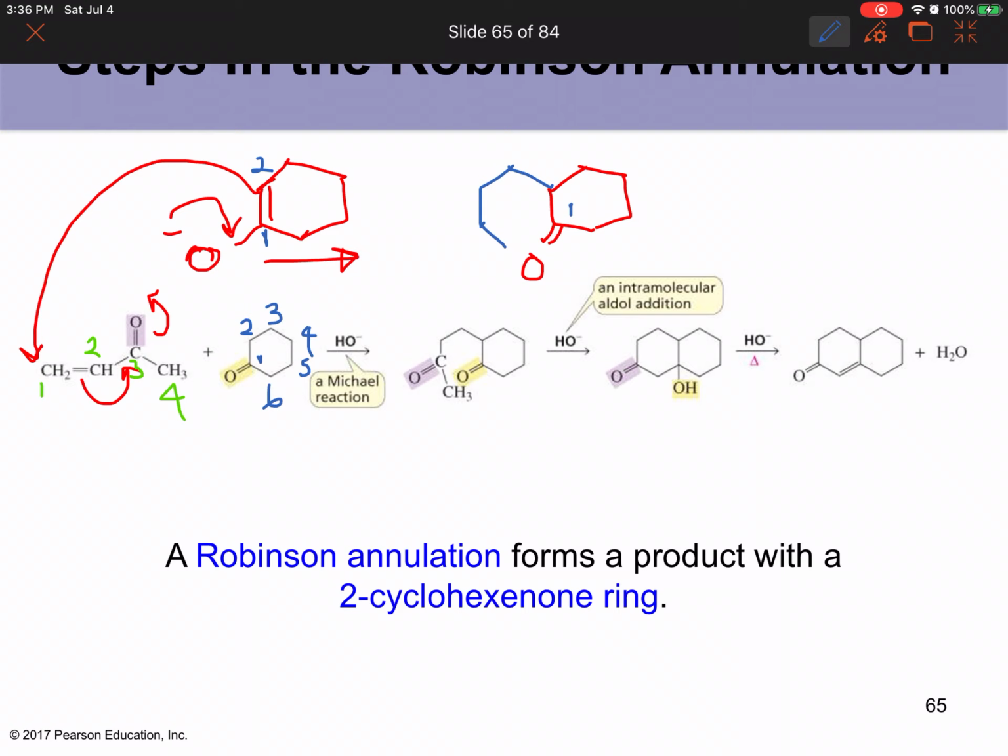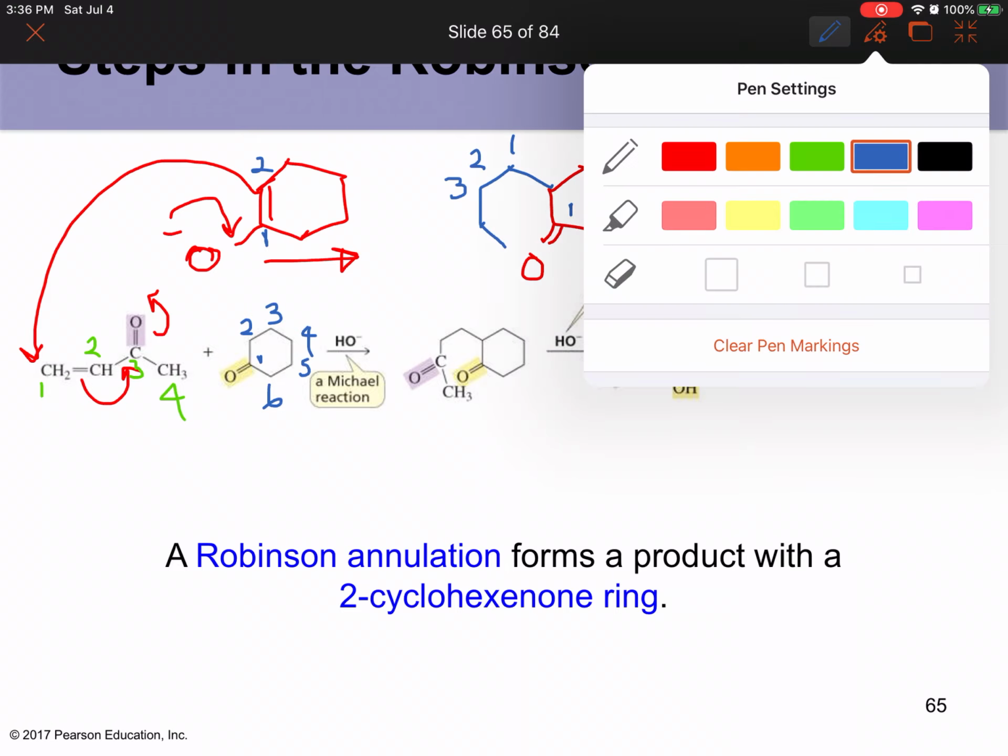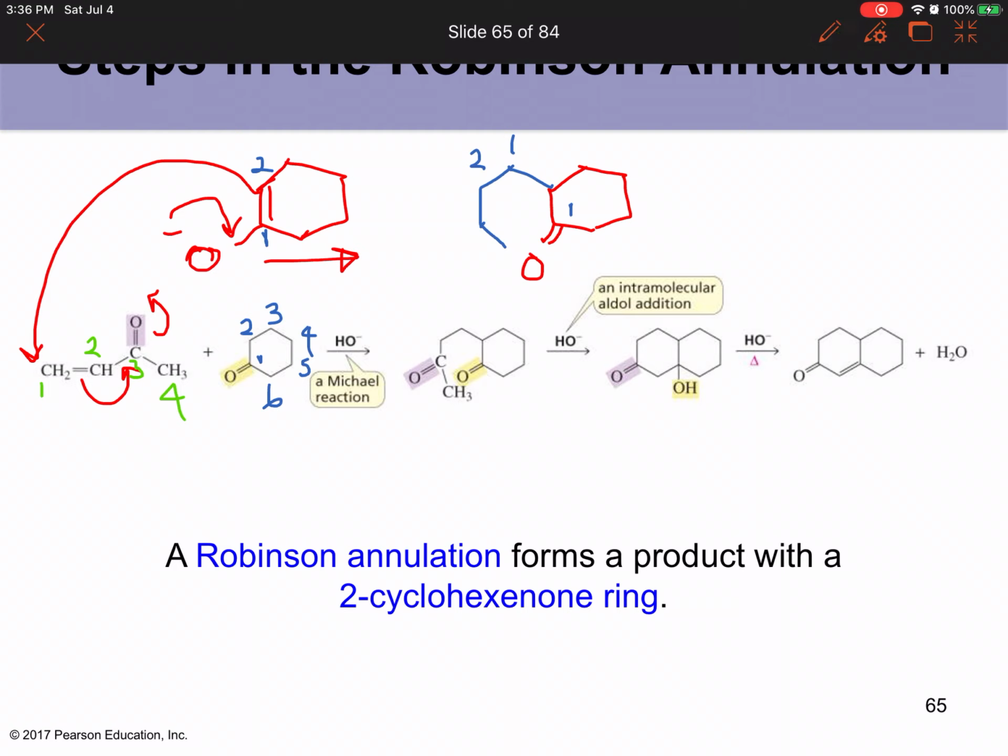So between 2 and 3 you will have a double bond, and on the third one you have this O minus, and this is the 4 from this group right there.